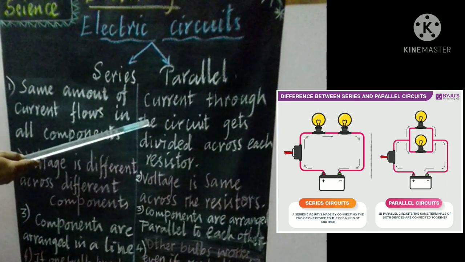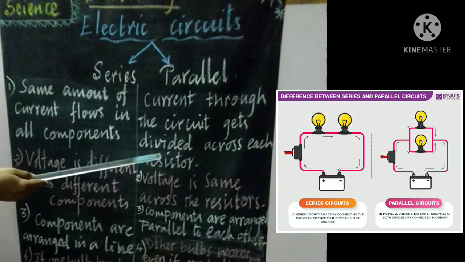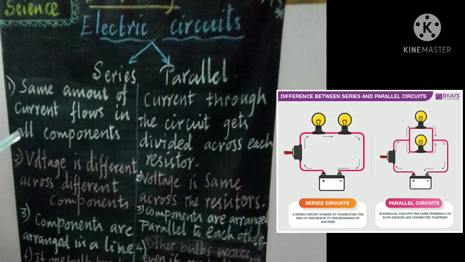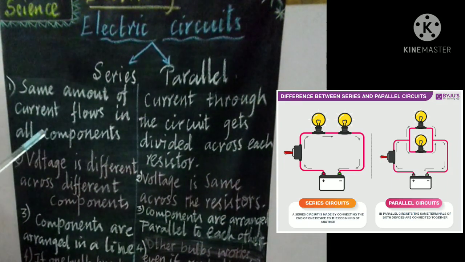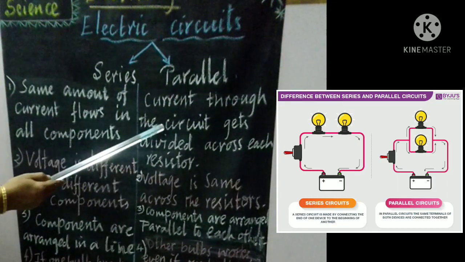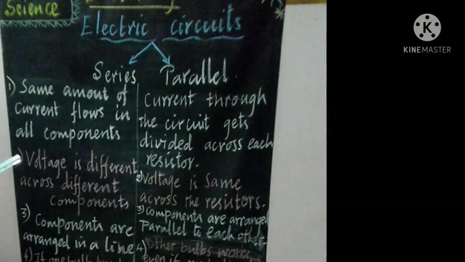But in a parallel circuit, the current flowing through the circuit is divided across the resistors. That is, in series the same amount of current flows in all components, while in parallel the current through the circuit gets divided across each resistor.